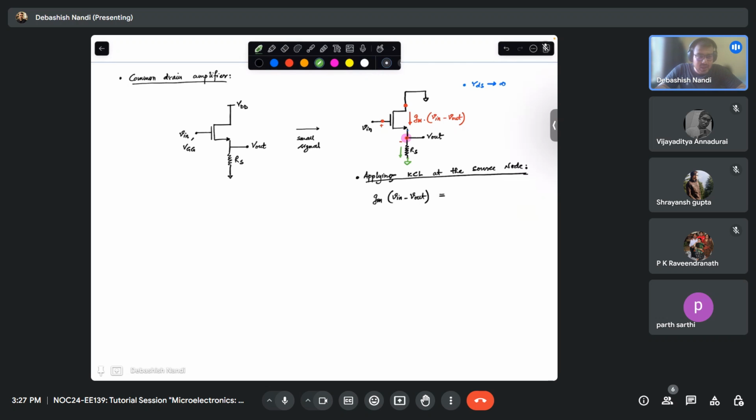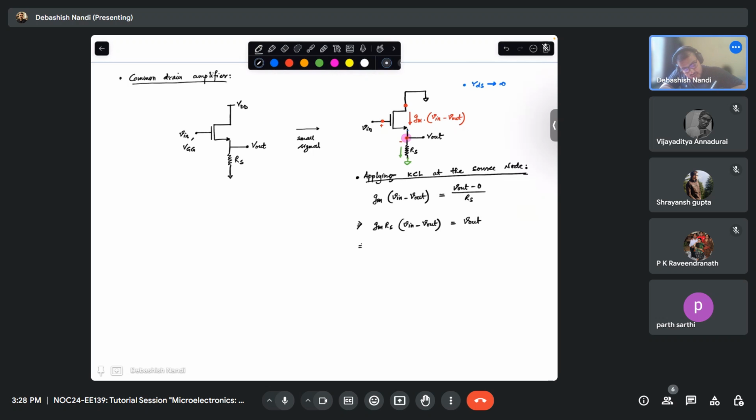How do you find out a current in a resistor? You should use Ohm's law, right? It will be nothing but your V out minus ground over RS, isn't it? Anyone? Yes, sir. So what are we having? gm RS times V in minus V out is equal to your V out.